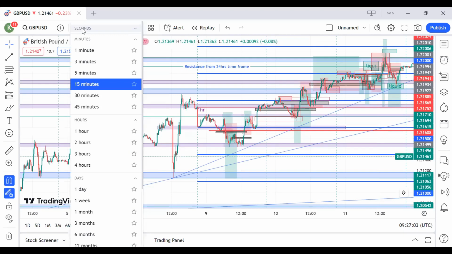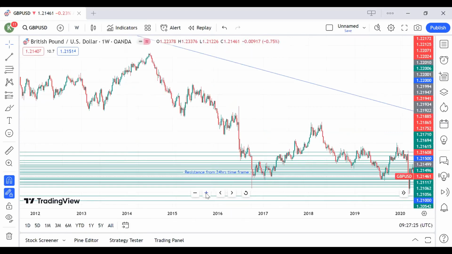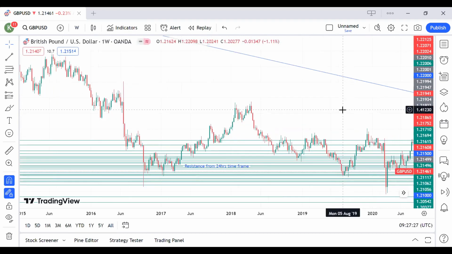We want to be profitable as traders, and one of the reasons why we can be profitable is when we are able to have a working strategy that works always. But in Forex trading, there's never any strategy that works forever.